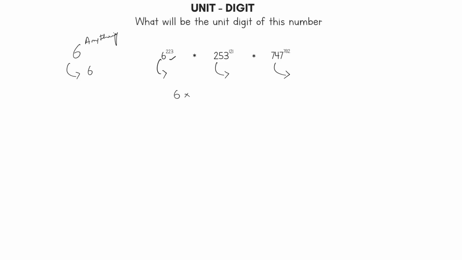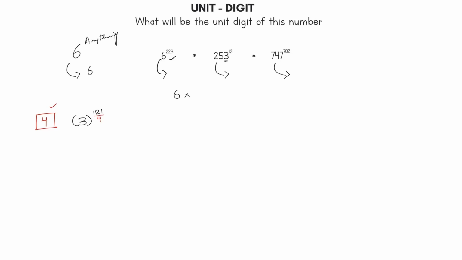Then this 253 raised to 121 could be written as 3 raised to 121, because all I need to find out is the unit digit. So I'll look only for the unit digit here. Now as soon as I see 3, I understand that 3 has a cyclicity of 4, something that we have learned in the earlier part of the class, which means whatever is the power, I'll divide that by 4 and get the remainder.